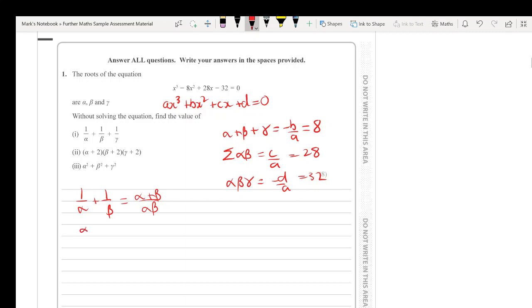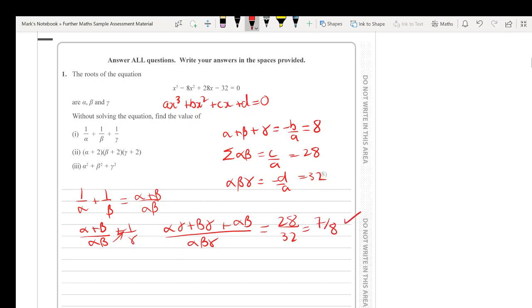And then if we add on 1 over gamma, we get, multiplying up, alpha gamma plus beta gamma from that, and then plus alpha beta from this, and the denominator is going to be alpha beta gamma. So it's the sum of pairs of roots divided by the product of roots, which is the same as saying 28 divided by 32, which is the same as 7 over 8.